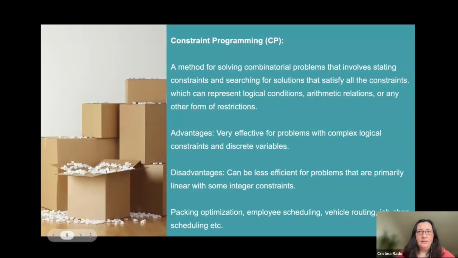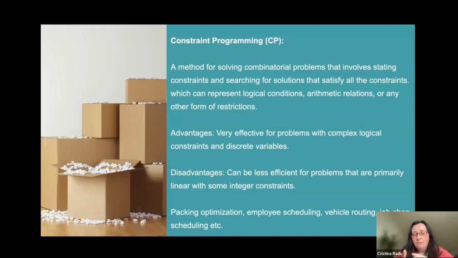Okay, what's next? A quick mention about constraint programming. This is very popular or recommended when you have combinatorial problems, and maybe it's not important to find the optimal, but just to find feasible solutions that respect the logical conditions, and they can give very good results.